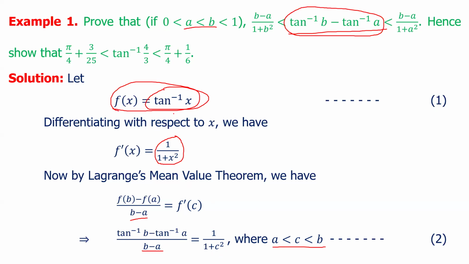Now, we have again been given one very important condition: 0 is less than a is less than b, and b is less than 1. So let us use it to prove this result. Now we have a is less than c and c is less than b, because c is the value of x obtained by using the Lagrange's mean value theorem.